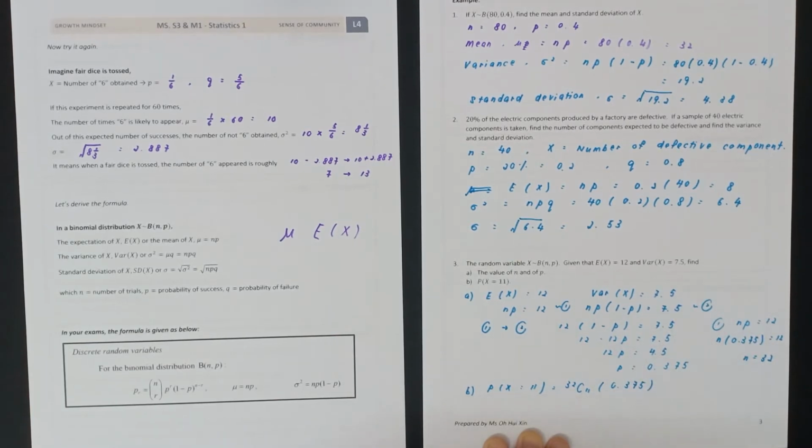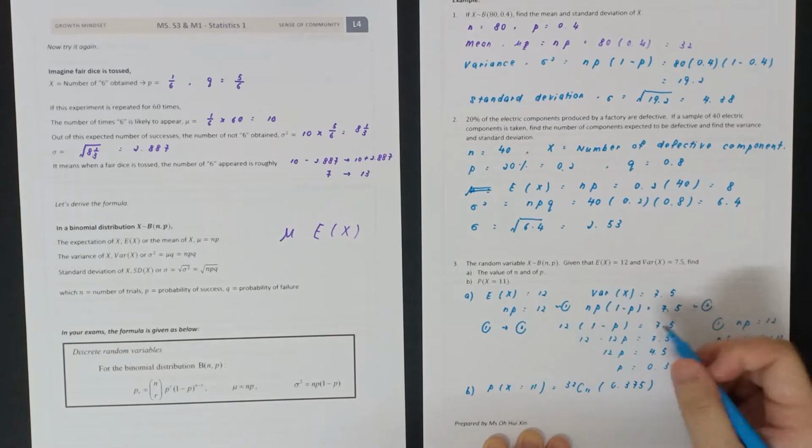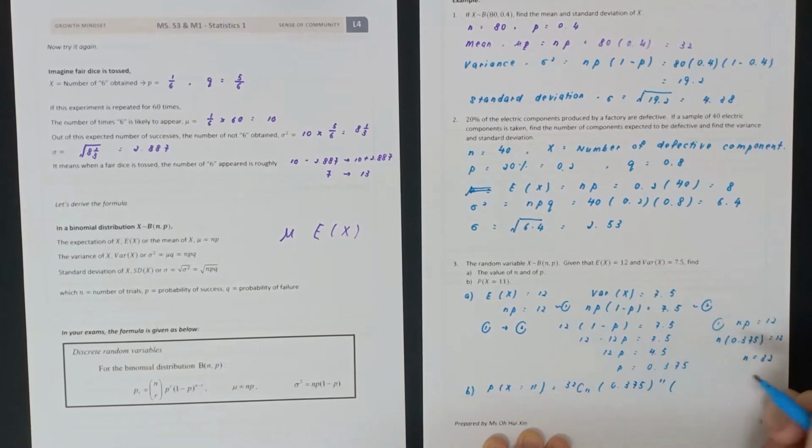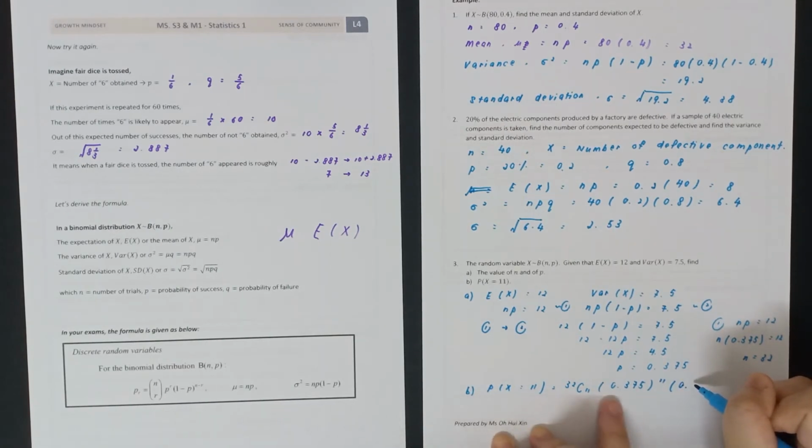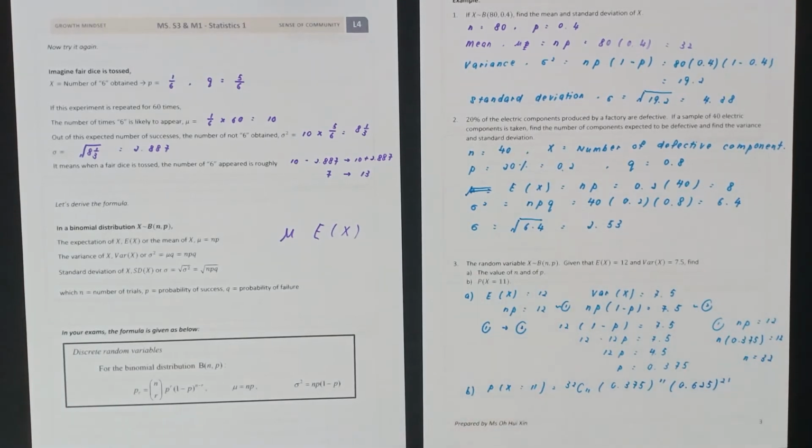Then how many successes do you want, which is 11. Then you use the total number minus 11, so 21. Get your q first: 1 minus 0.375 gives 0.625, to the power 21. Use your calculator to solve it, then you'll get 0.138.